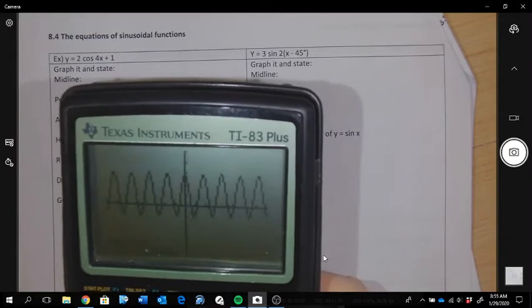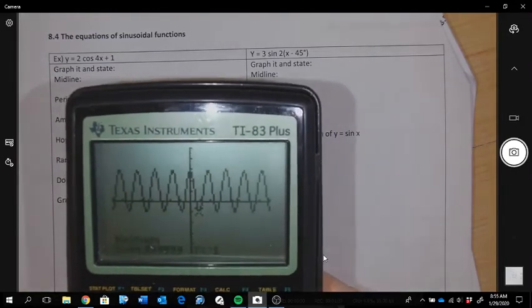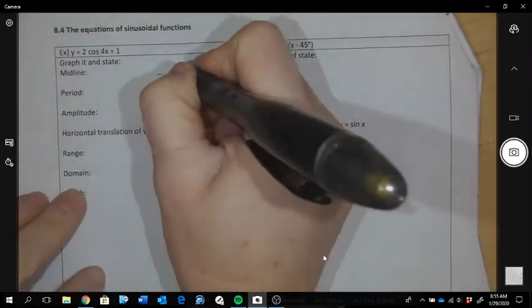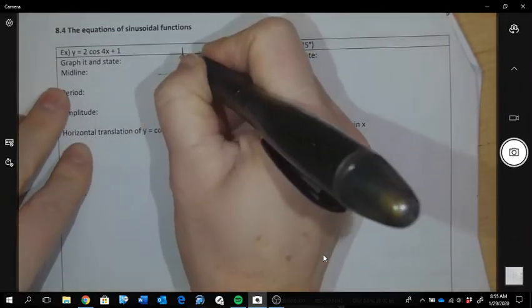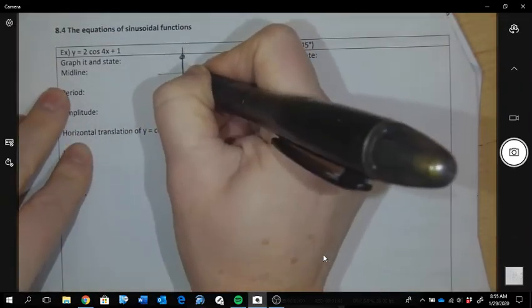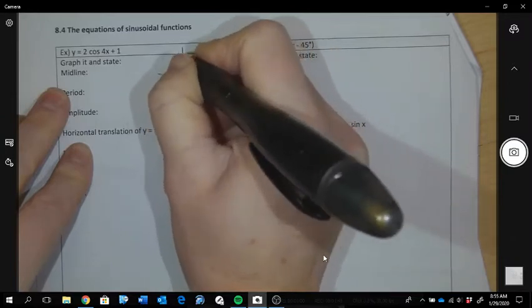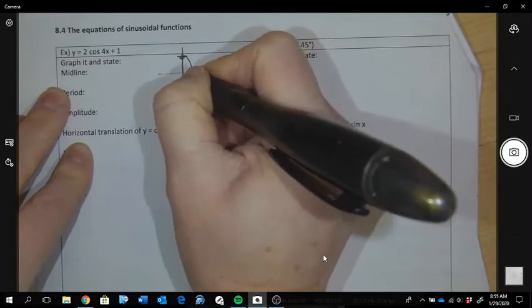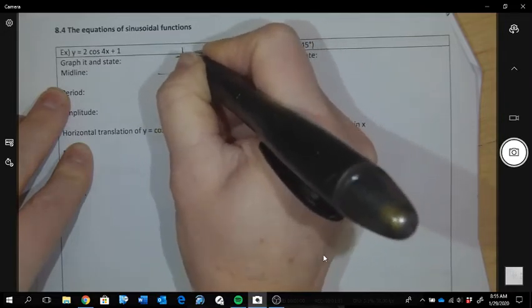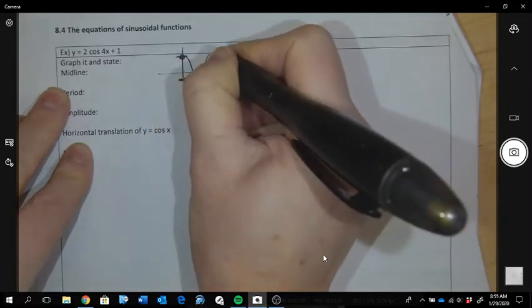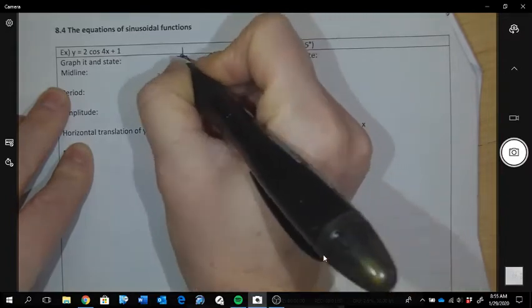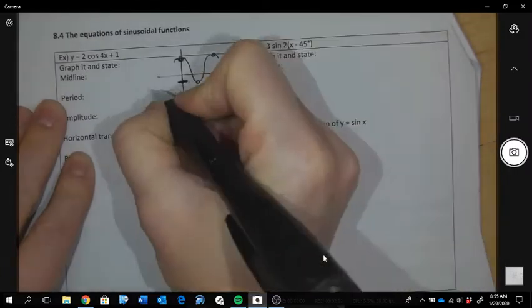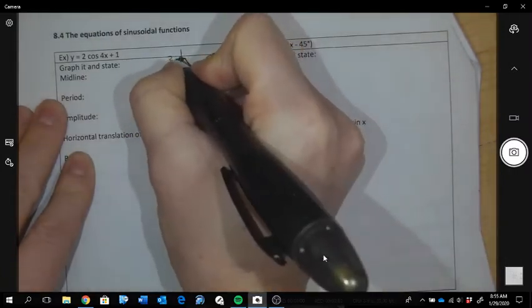So that point is at 45 degrees, negative 1. You can see that the lowest is negative 1 and the highest was 3.